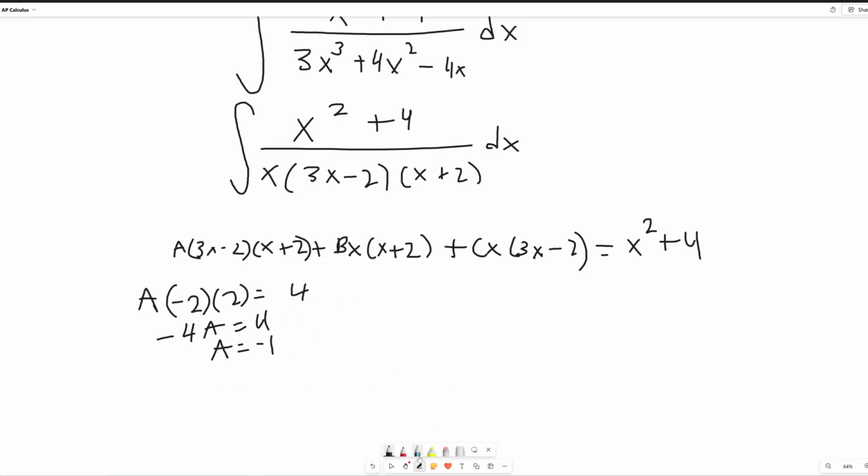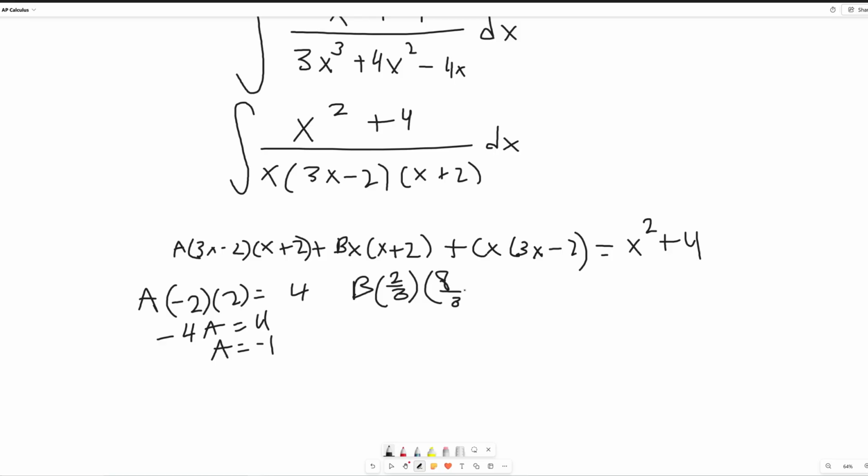Okay. Now, we can say that since this term has 3x minus 2, this term has 3x minus 2. If you plug in x equals 2/3, then you're going to end up canceling out the a and canceling out the c. So let's do that. b times 2/3 plus, or times 2/3 plus 2. So 2/3 plus 2 is going to end up being 8/3.